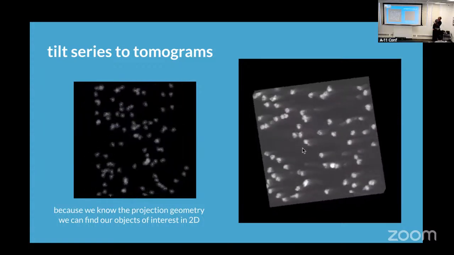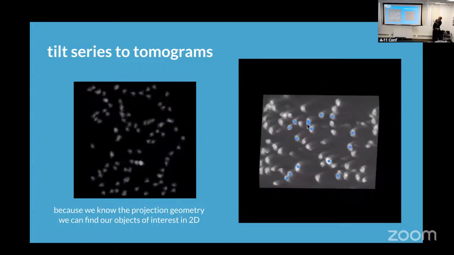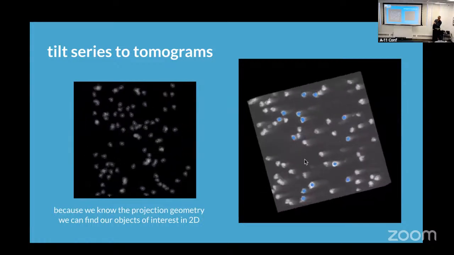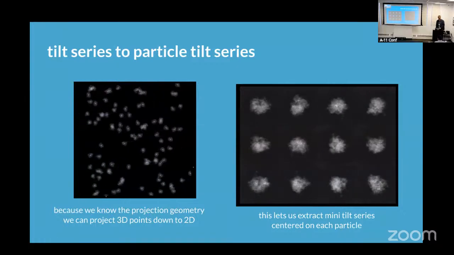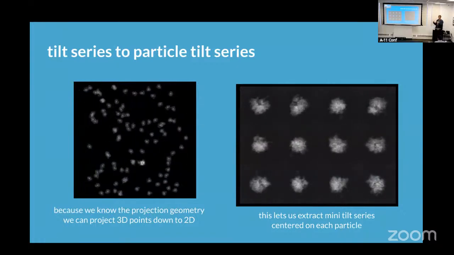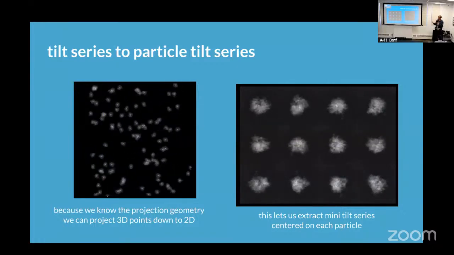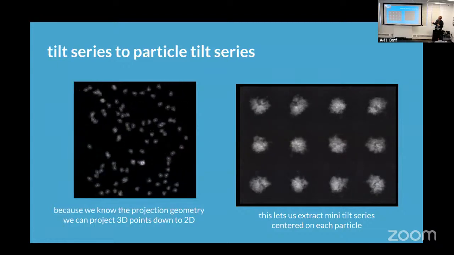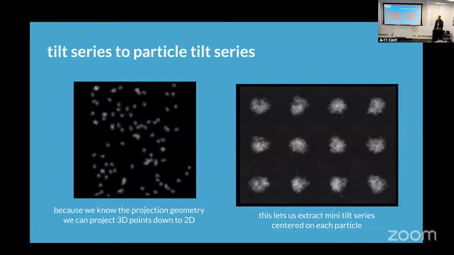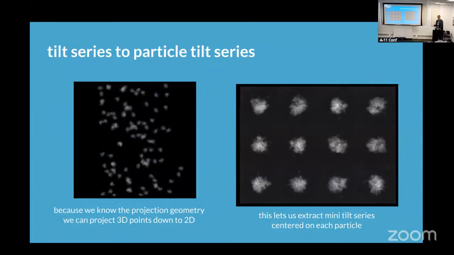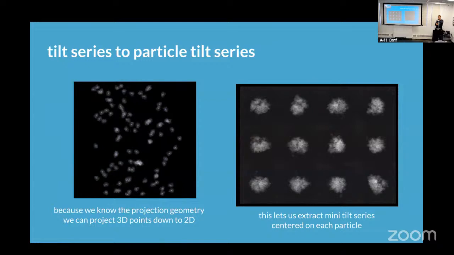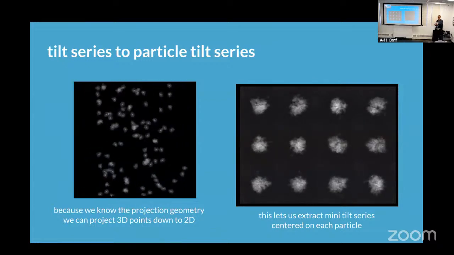But when you project those points down, you can see we have points centered on each of those little ribosomes in the tilt series. And what you can do then is extract a little mini particle tilt series around each of those points. And what you have there is a set of 2D projection images, and you already understand the relative orientations of some of those.